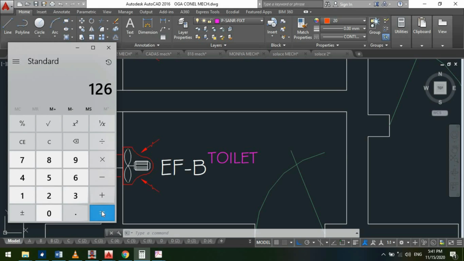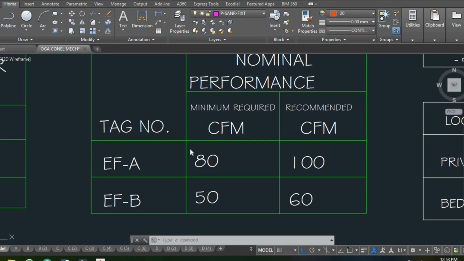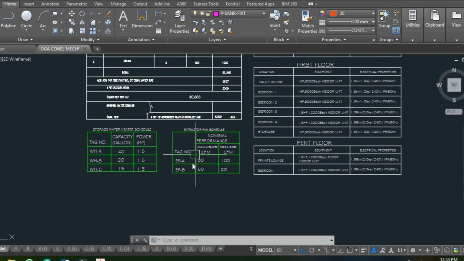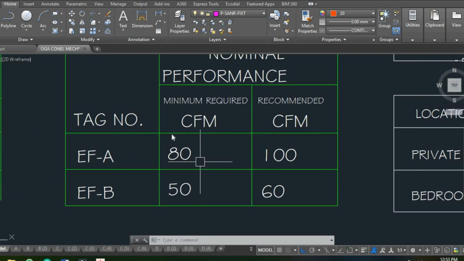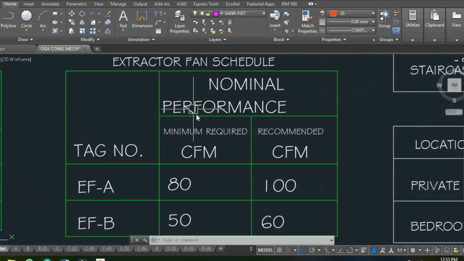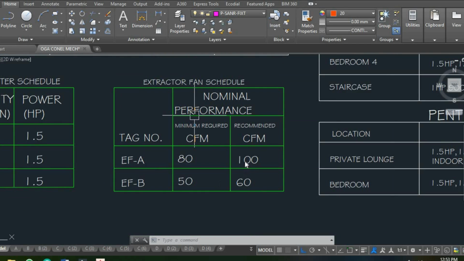So that gives us 126 divided by 1.7 for our CFM unit. So 74 too. That's the reason we have 80 CFM. 80 CFM for our fan nominal performance, and I eventually recommended 100 CFM because of some other considerations.